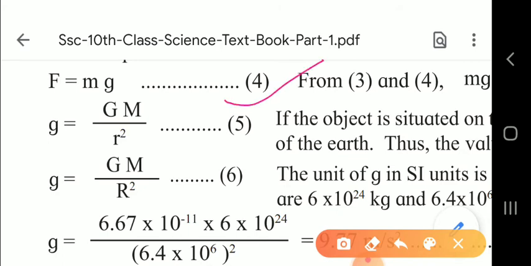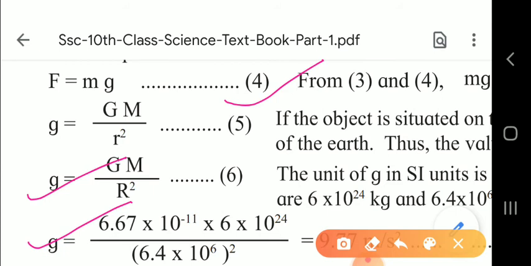From 3 and 4 we get m g is equal to G capital M small m upon r square. So small g will be equal to G M upon r square, because the small m we take to that side, so that both will be cancelled out.